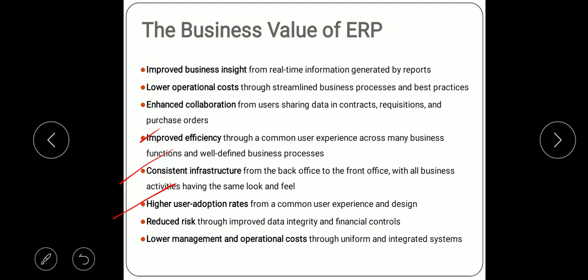Higher user adoption rates from a common user experience and design. Reduce risk through improved data integrity and financial controls. Lower management and operational costs through uniform and integrated systems.